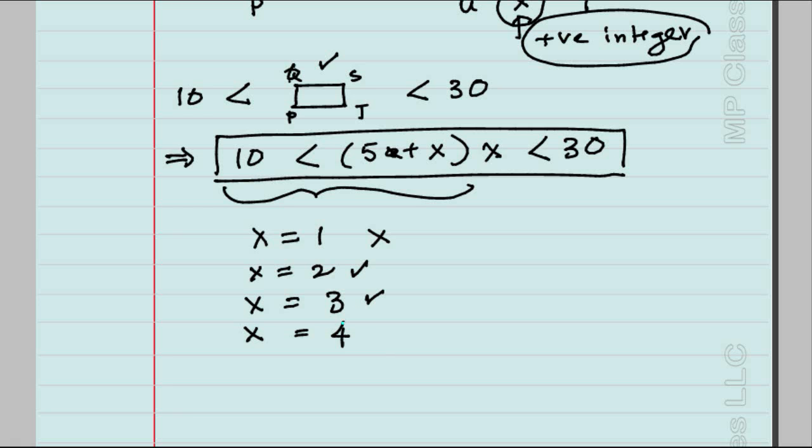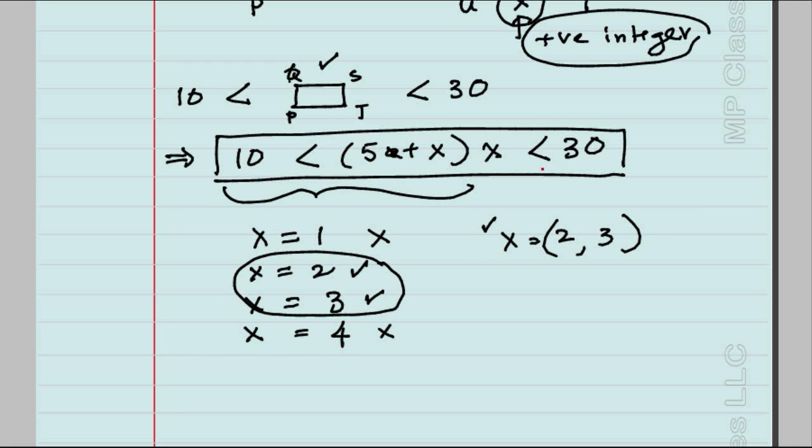X equal to 4. 9 times 4 is 36. It's greater than 10 but not less than 30, so this doesn't work, and we don't need to test any further because it's not going to work. So X equal to 2 and 3 will be the solution, and that's how you can immediately and efficiently come to the correct solution without actually solving the equation.